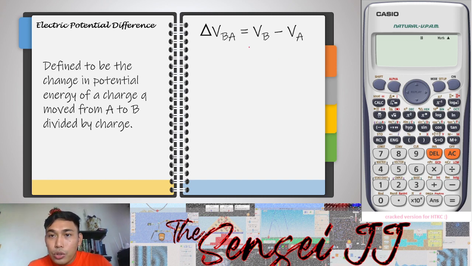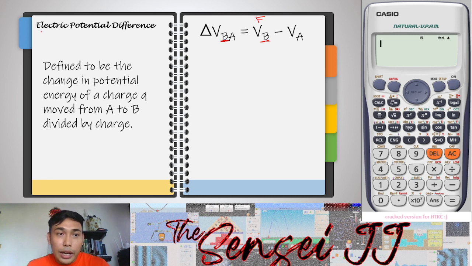So guys, you see we have here the first letter B. Meaning kung ano yung final point natin, siya yung mauunang name doon sa ating subscript. Okay? So this will matter as we go on to the derivations of formula.